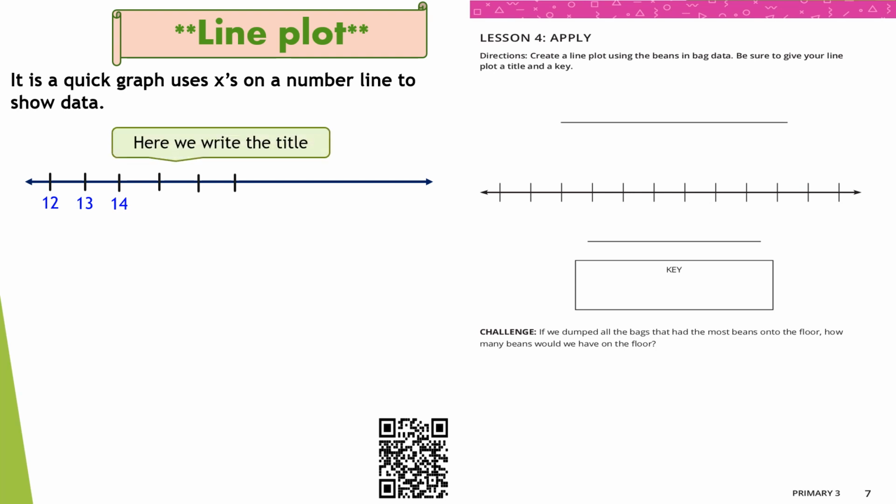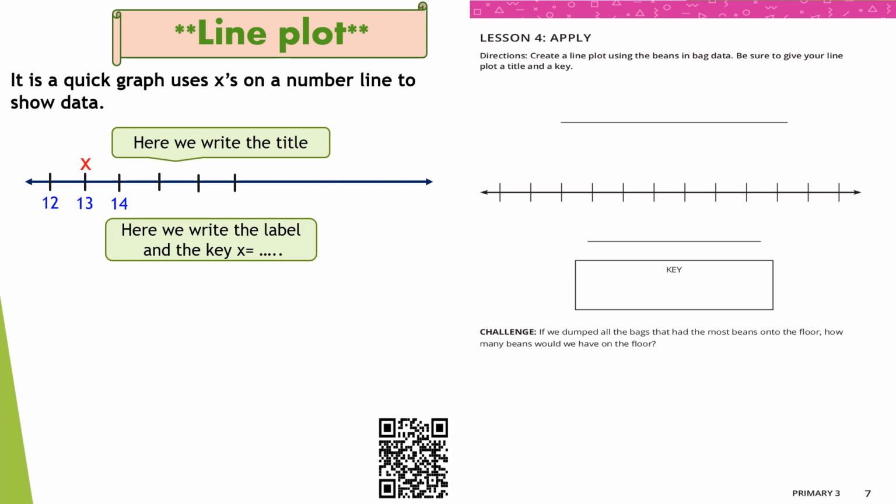And don't forget to write the title on the top, the title which tells me what I am doing. This graph is telling me what? And at the bottom, we will write the label which tells me what these numbers refer to, and the key which tells me what X's are equal to.